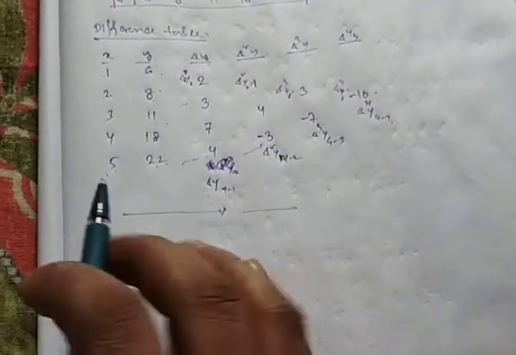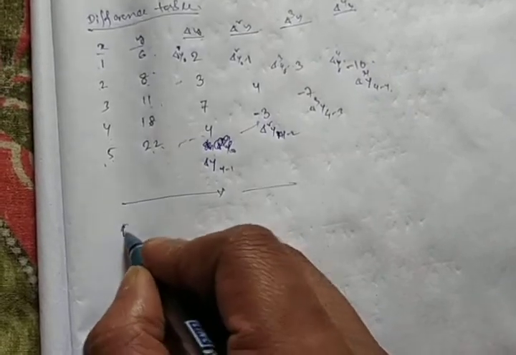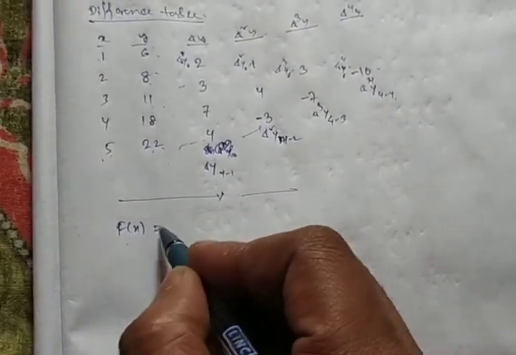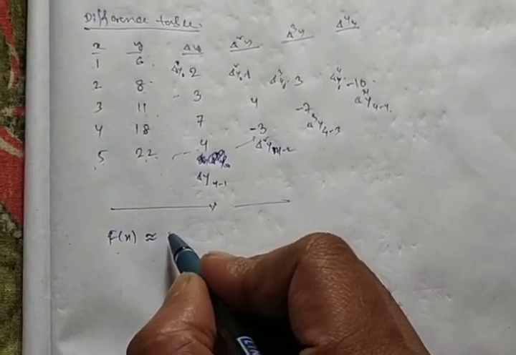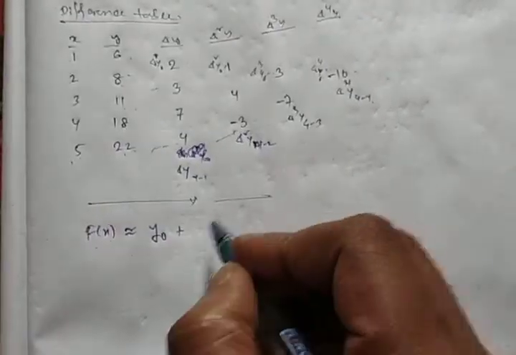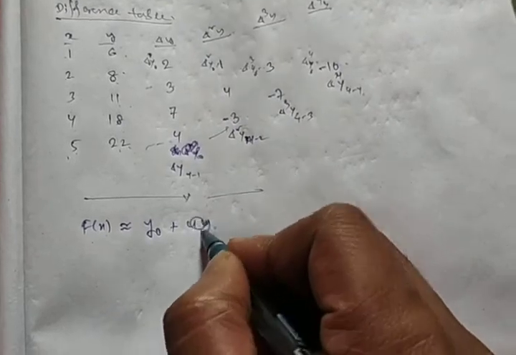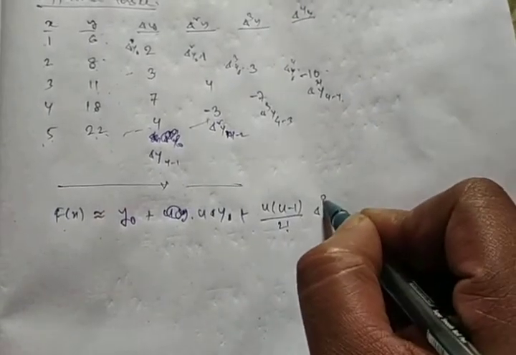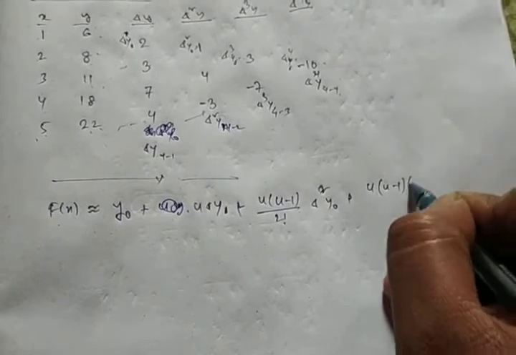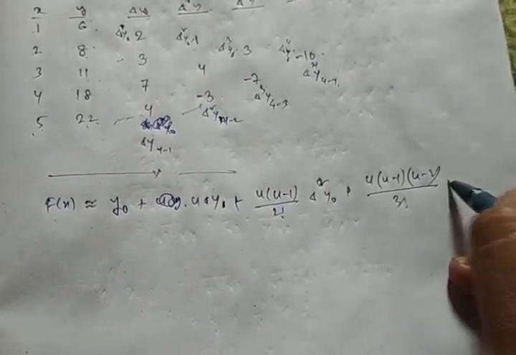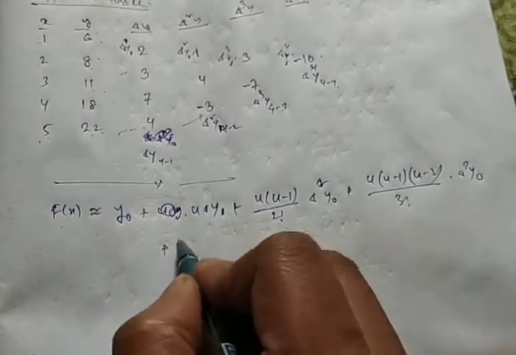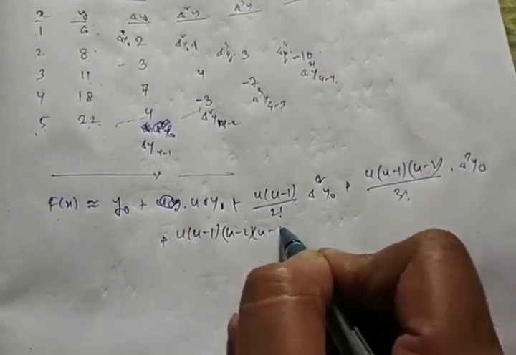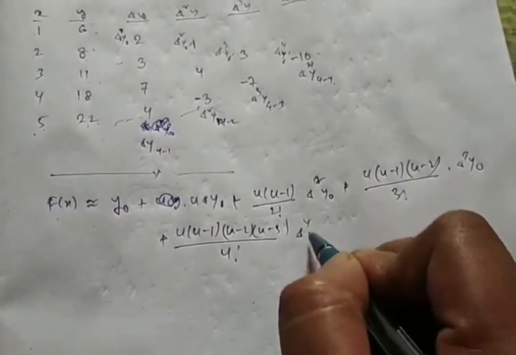Now we know the Newton forward interpolation formula, which is f(x) approximately equals y0 plus u delta y0 plus u(u minus 1) by 2 factorial delta square y0 plus u(u minus 1)(u minus 2) divided by 3 factorial delta cube y0 plus u(u minus 1)(u minus 2)(u minus 3) divided by 4 factorial delta to the power 4 y0.